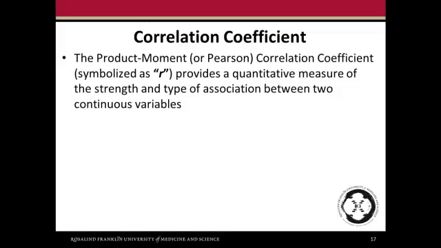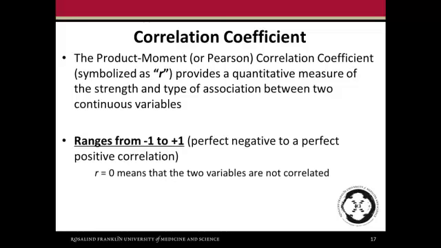So we can actually calculate a correlation coefficient, and this is done quantitatively. So the Pearson correlation coefficient, which is symbolized by r, is a quantitative measure of the strength and type of association between two continuous variables. It ranges from -1 to +1, so a perfect negative relationship to a perfect positive relationship, and a value of 0 means that the two variables are not correlated at all, so there's no relationship between them.